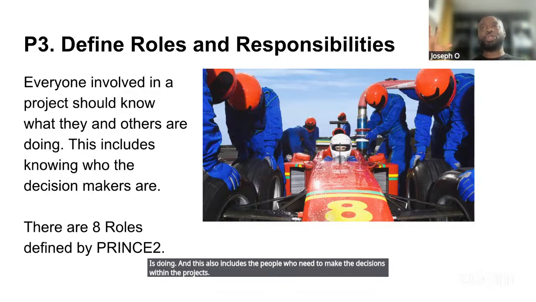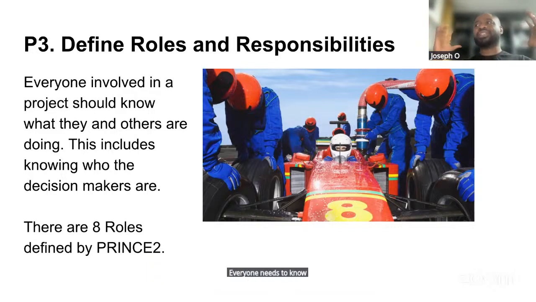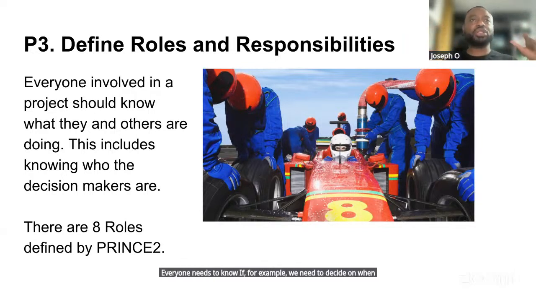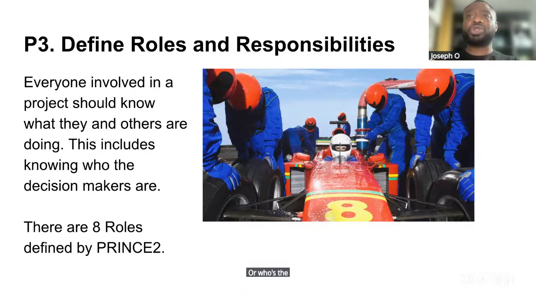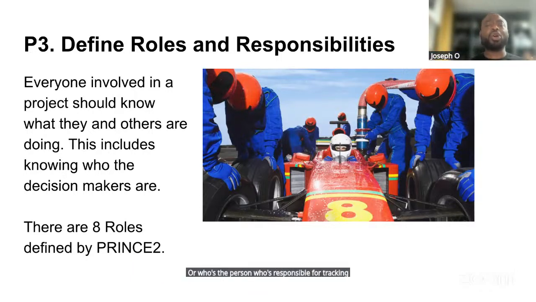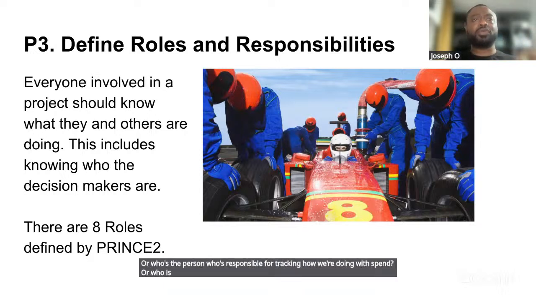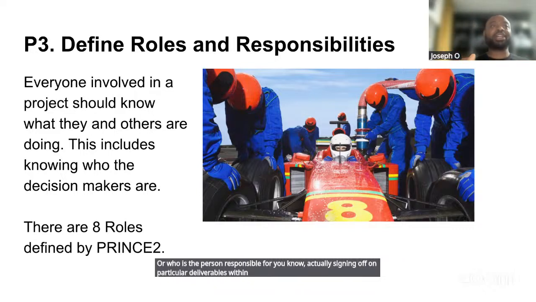Everyone needs to know, for example, when we're running out of budget, who's the person who calls that shot? Or who's responsible for tracking how we're doing with spend? Or who is responsible for signing off on particular deliverables within the project? There have to be clear roles and responsibilities.